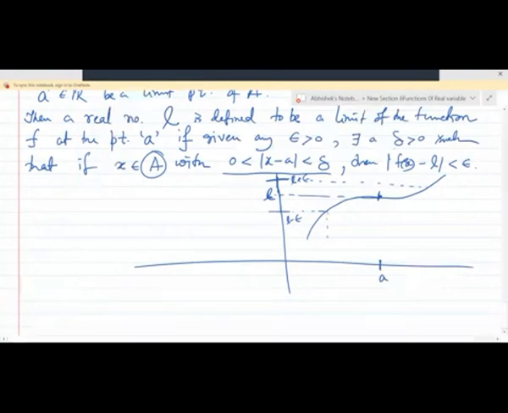If you draw this, then this is your A minus delta, A plus delta. Taking any point inside this interval, you observe that the functional values are still in between L minus epsilon and L plus epsilon.